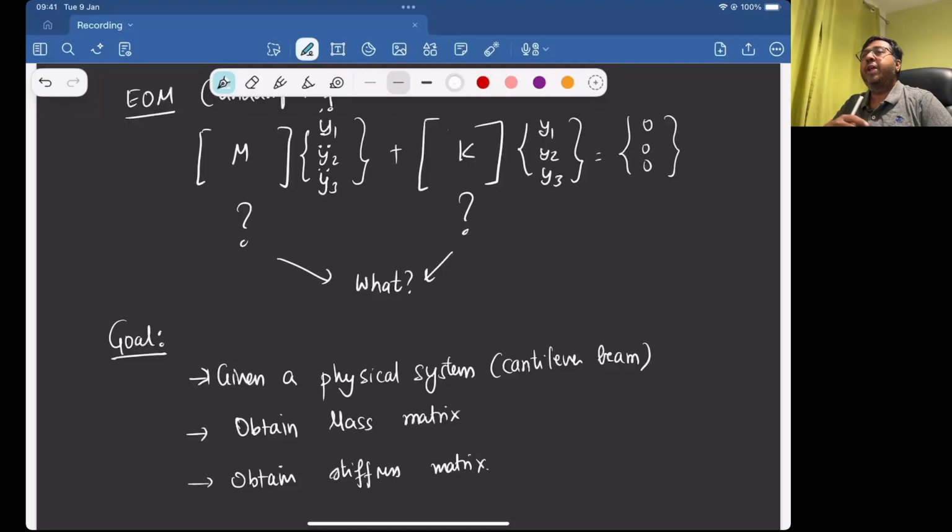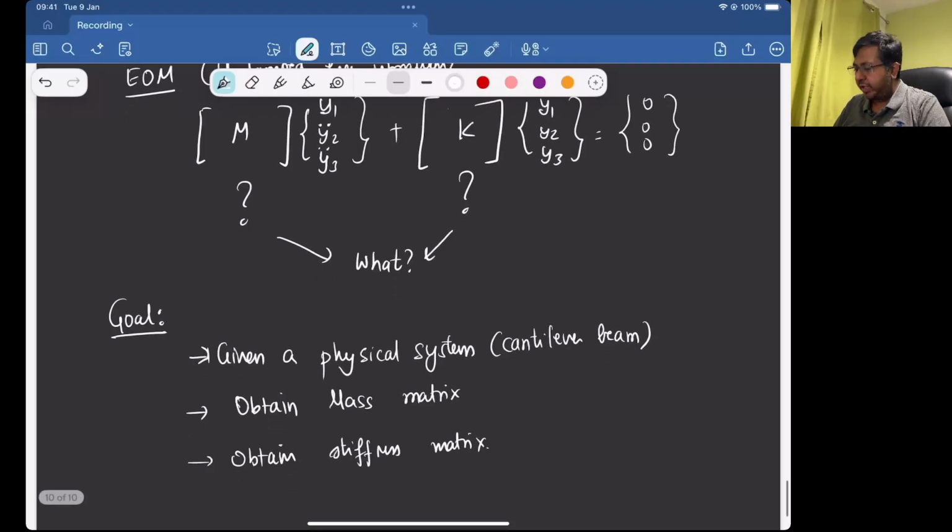If I am able to obtain the mass matrix and the stiffness matrix, then I get the system of equations easily. I can solve that to get eigenvalues and so on, which would essentially give me the natural frequencies of this system.